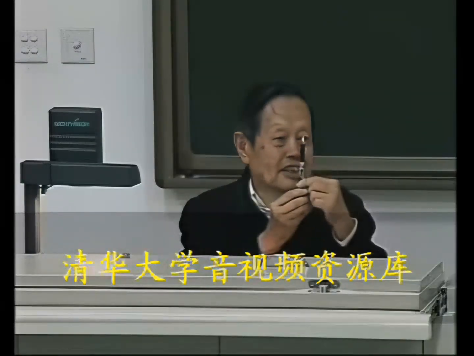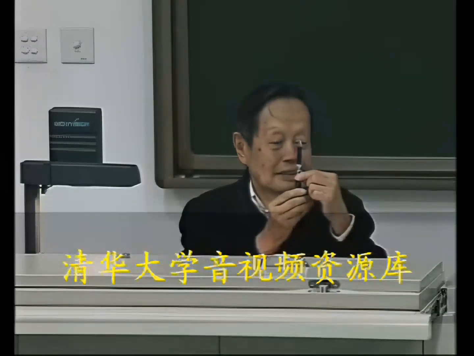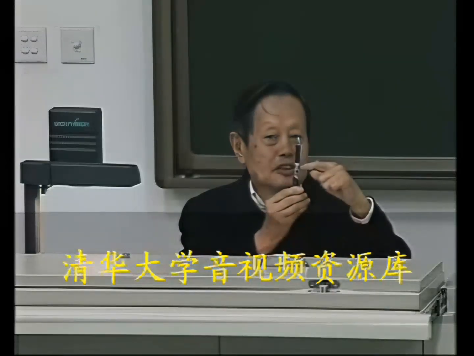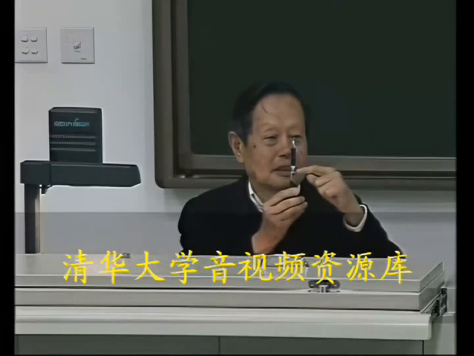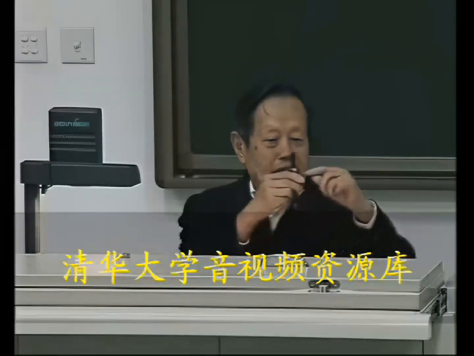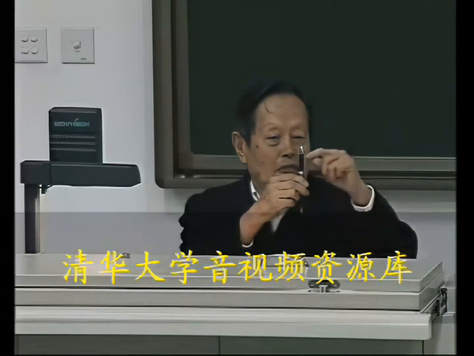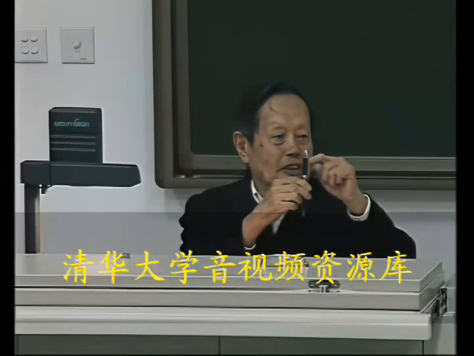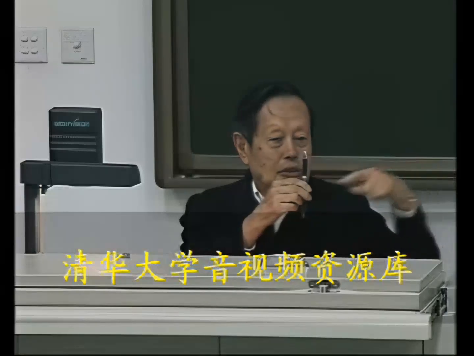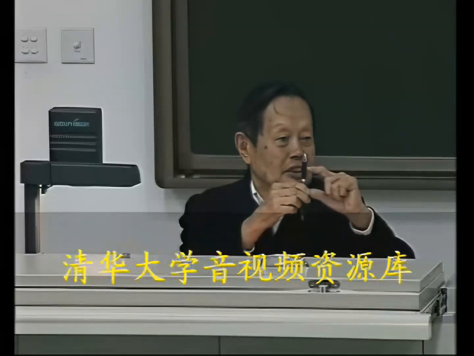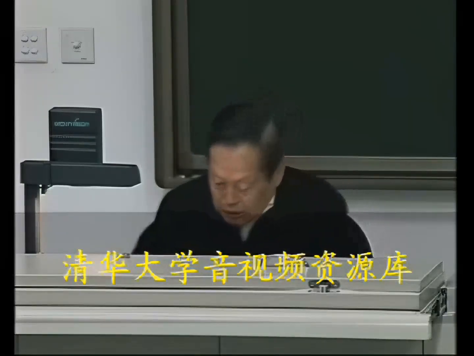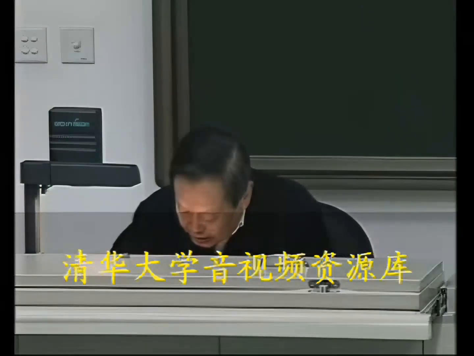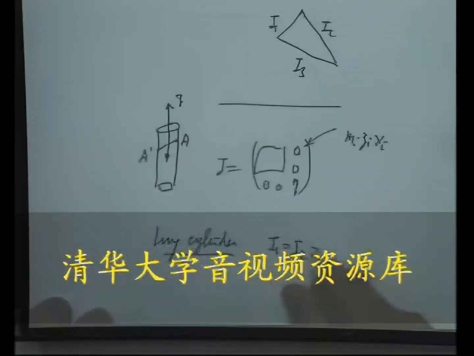If it's very thin, xi, yi is very small. What is I1? I1's axis goes this way, and the distance of many points on the pencil to that axis is very large. So would you agree with me that I3 is small and I1 is large? So in this case, a thin cylinder, I1 is equal to I2 and is bigger than I3.